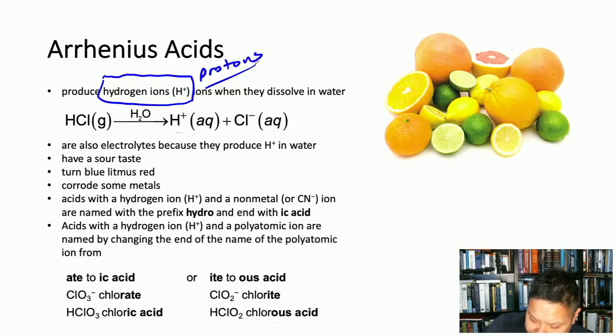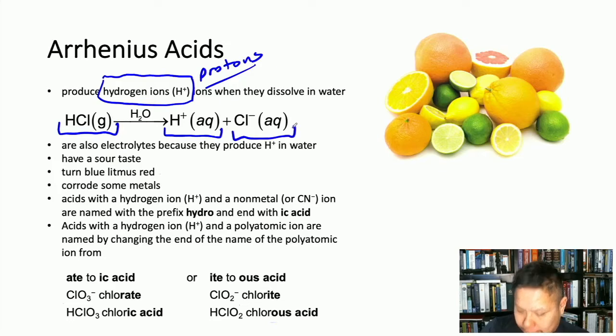So if you have an example like hydrogen chloride gas, and you dissolve it in water, it produces the proton and chloride ions. If it's just a singular anion, like chloride here, singular anions that end in "ide" become ic acids.